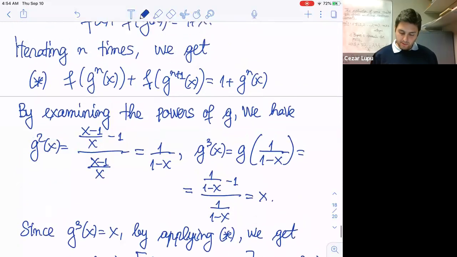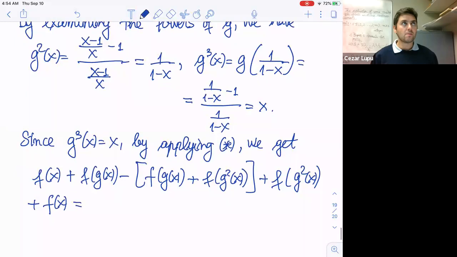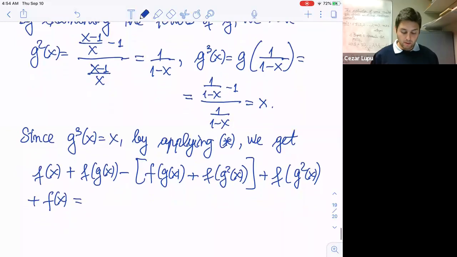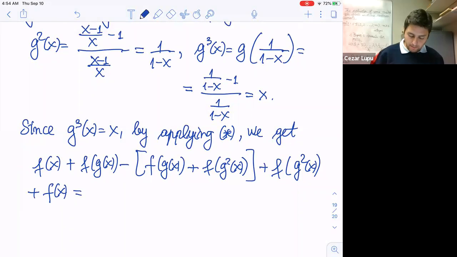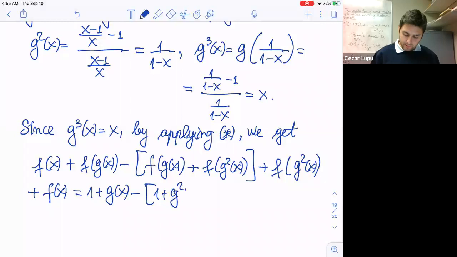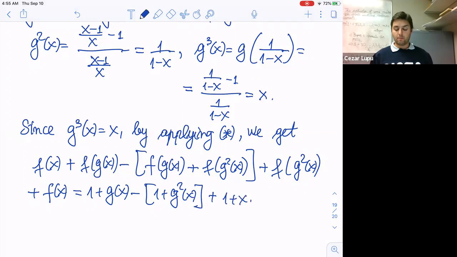And this will be equal to, since g cubed is x, 1 plus g of x, minus, sorry, minus 1 plus g squared of x, plus 1 plus x. Okay, I think that's it. I hope.